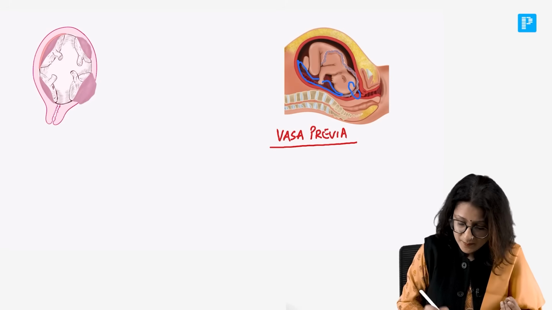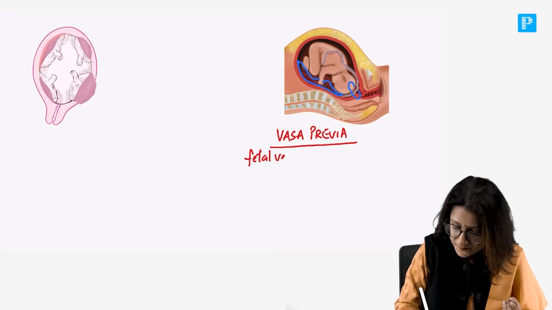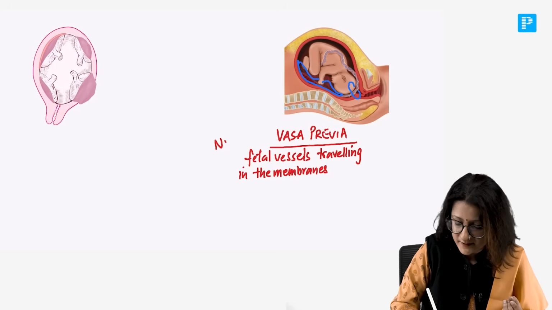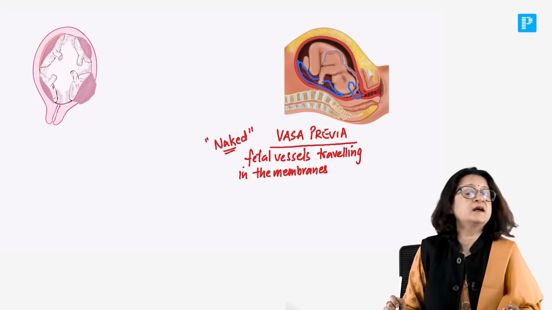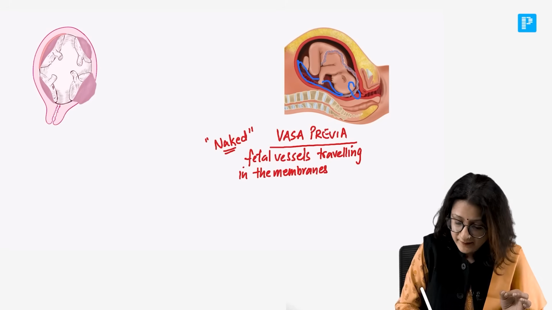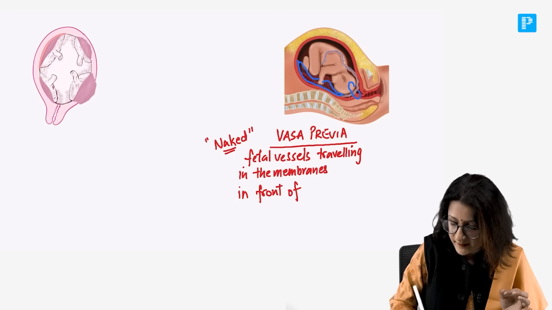So vasa previa means that these fetal vessels are traveling in the membranes, and these are naked fetal vessels. Remember it like that. These fetal vessels are not inside the umbilical cord. Naked fetal vessels traveling in the membranes in front of the presenting part.